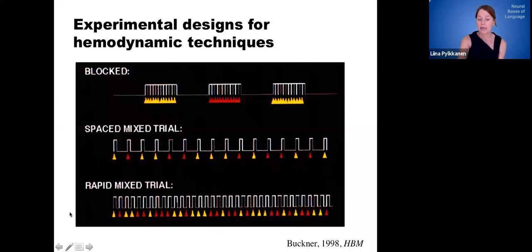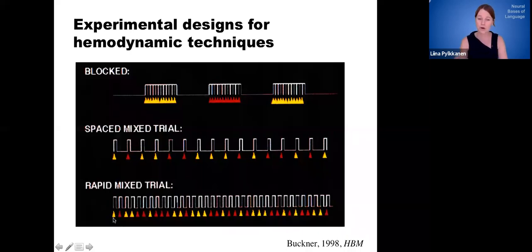But it is also possible to bring the trials closer together. What that requires for fMRI is careful modeling of the way the hemodynamic response function accumulates if the responses get overlaid on top of each other. In this situation, the hemodynamic response would not have time to return to baseline after the presentation of the first stimulus.